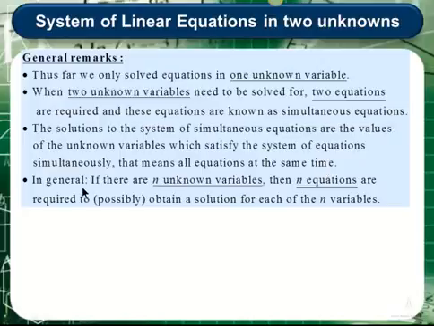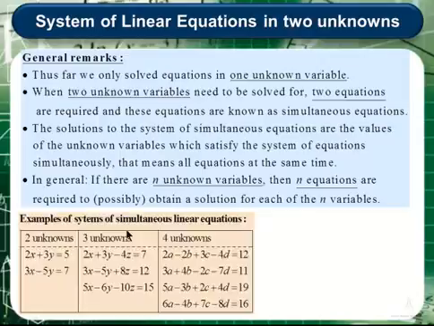In general, if there are n unknown variables, then n equations are required to possibly obtain a solution for each of the n variables. Note in general that such a system may have no solution, one solution only, or infinitely many solutions.